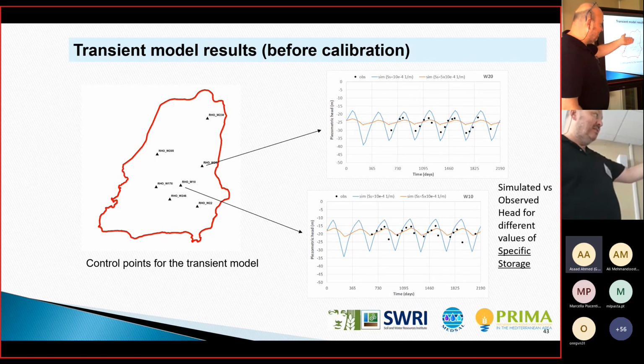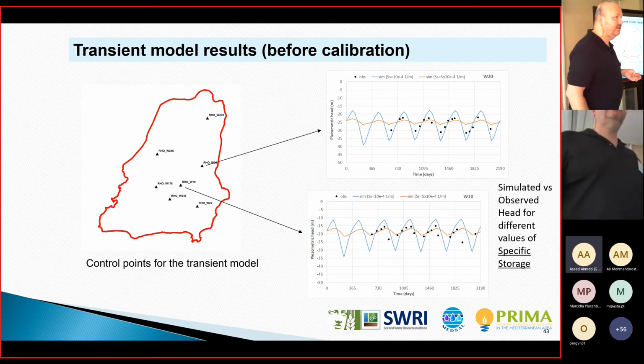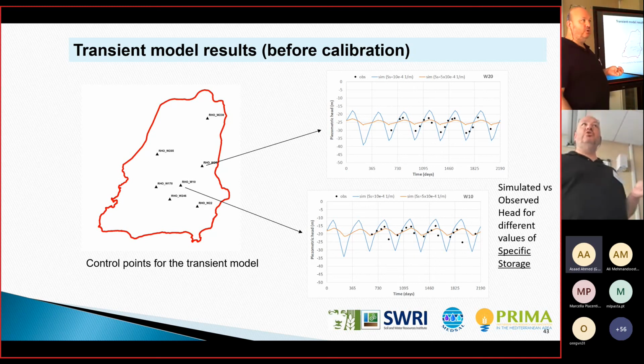We see they are different because we ran the model several times for different values of the specific storage parameter. So we used a uniform value of the specific storage, and we have these graphs. We saw from these graphs that the model results are not very close to the observations in most of the cases. This is just 2 examples.